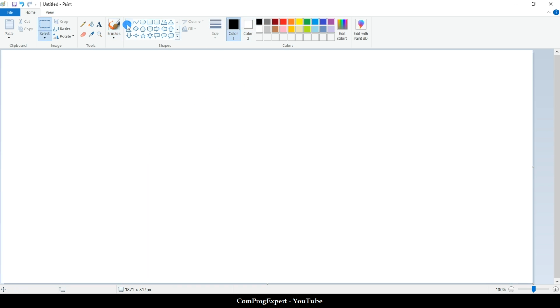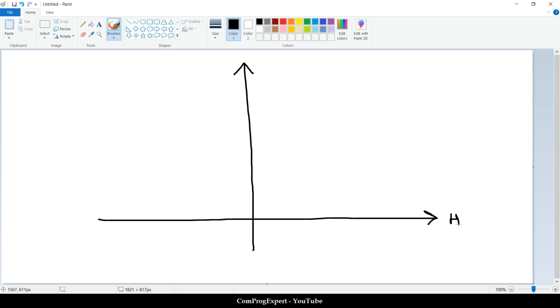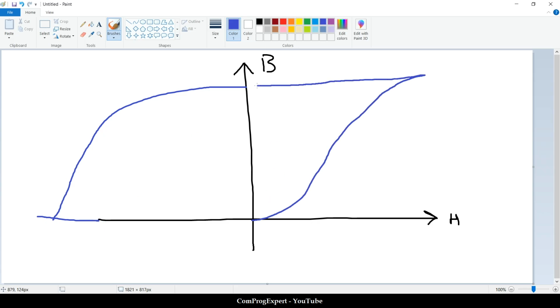So this is the BH curve of the magnet. This is H, B, BH curve. So we magnetized the magnet first. We removed the coil. We considered the air gap. And this was the new state of the material.